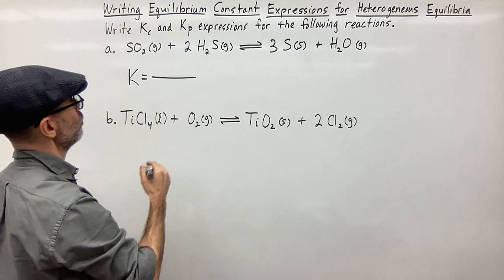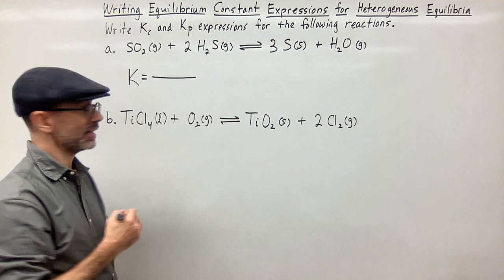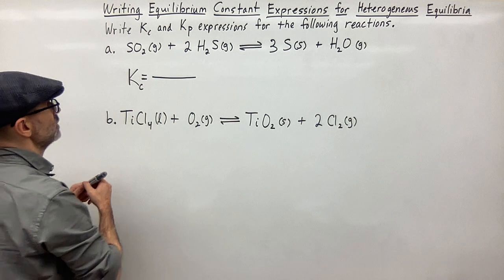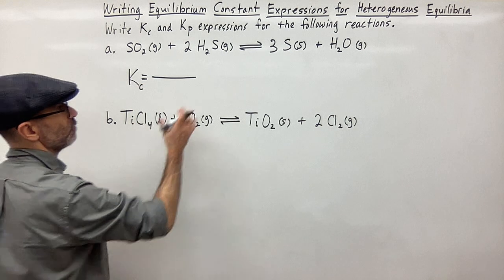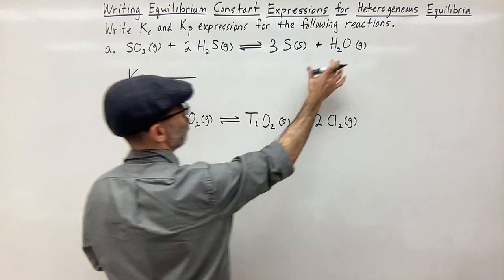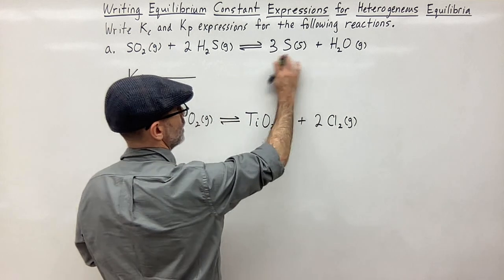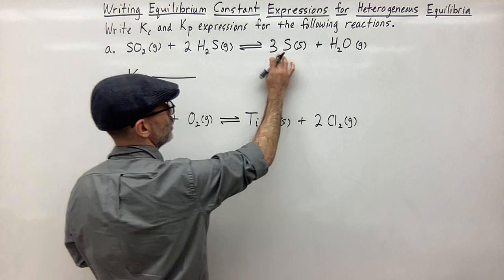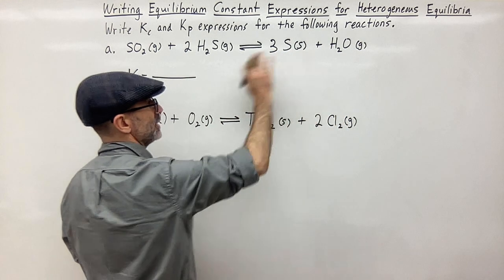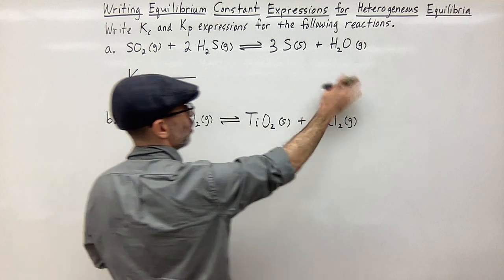Here we want to write the Kp and the Kc. We're going to do Kc first. So Kc is equal to the concentration of products. We're going to have the concentration of water. We're going to ignore the solids. This here does not go into the expression because it's a solid. It does not change its concentration over time.